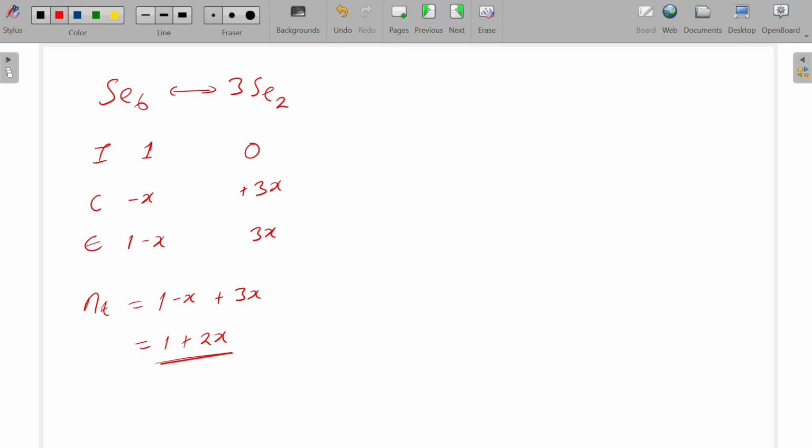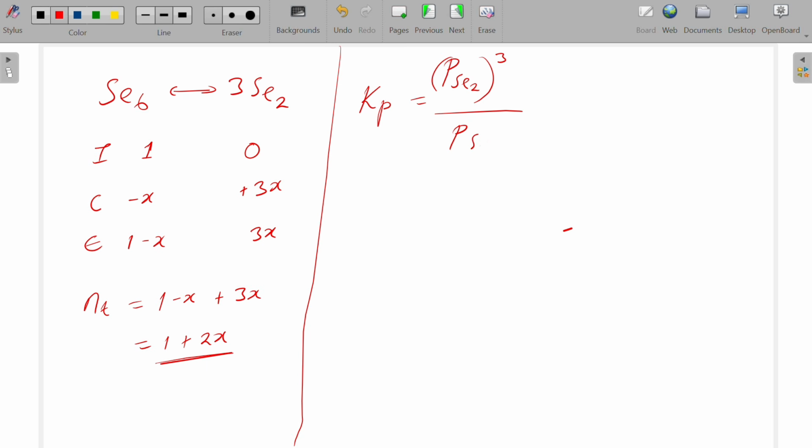After finding the total number of moles, we are good to go. The next step is coming up with our Kp expression. So our Kp expression will be equal to the partial pressure of Se2, this whole thing given to the power of 3, divided by the partial pressure of Se6, which is given to the power of 1, which we don't need to show.